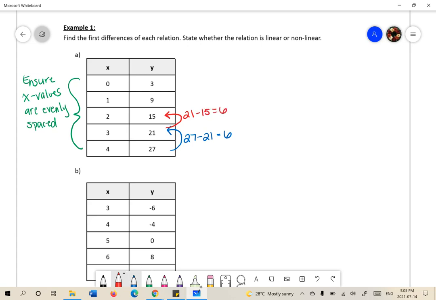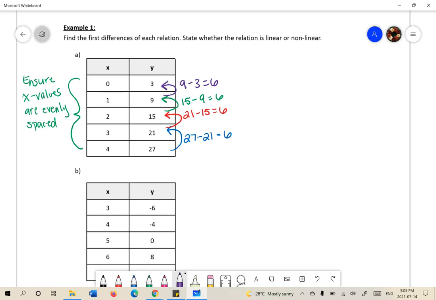Then we're going to continue. We're going to take 15 and subtract it from the y value right above it. One more time. And I encourage you to start at the bottom and not at the top, just to minimize any sort of error that could happen.